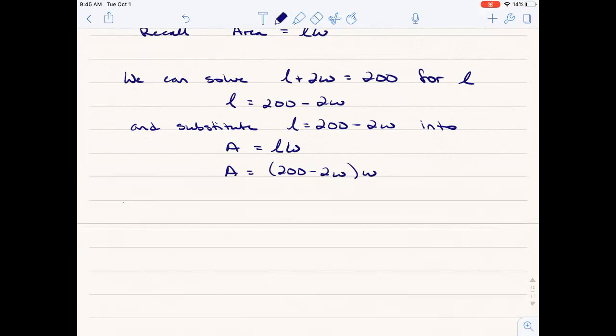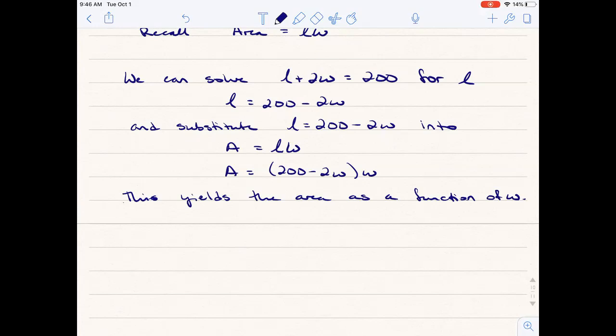This yields the area as a function of W. We can plug in any W and figure out what the area is.